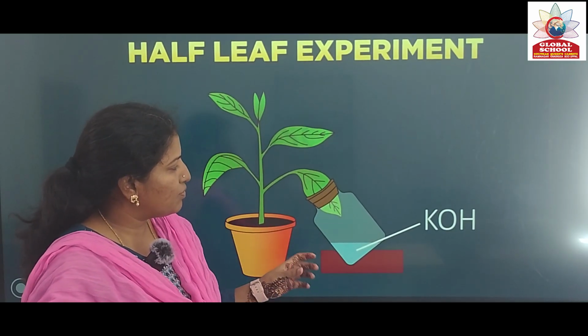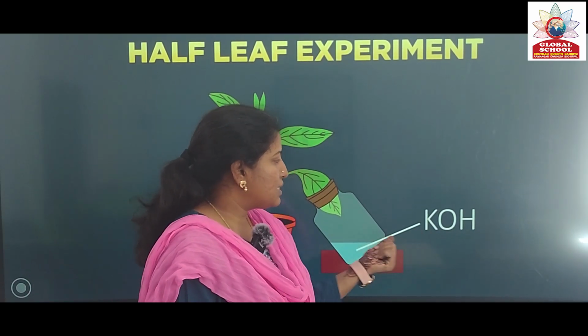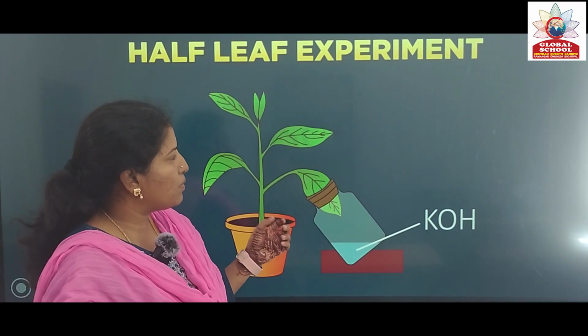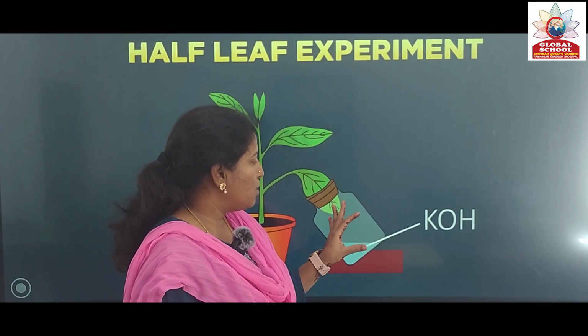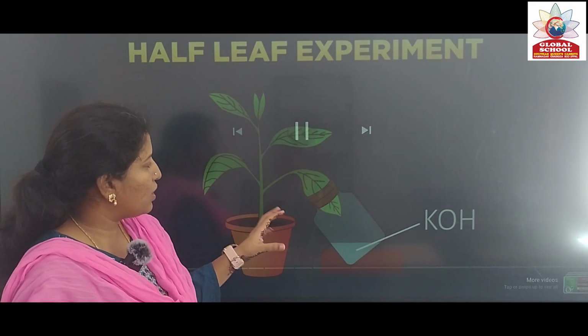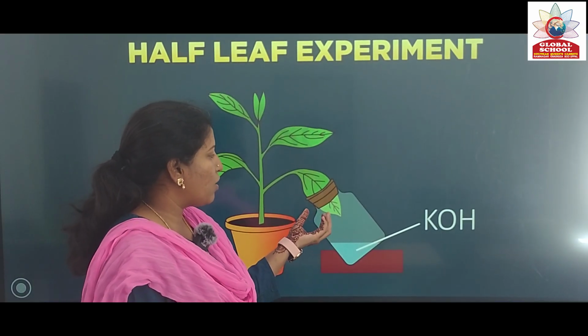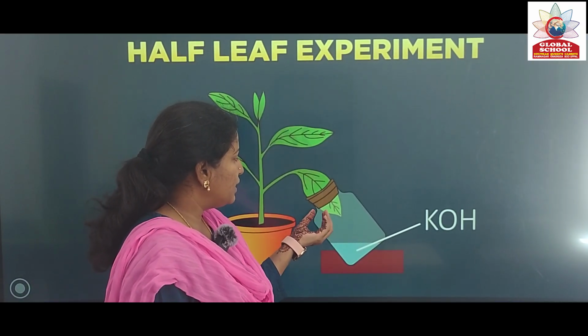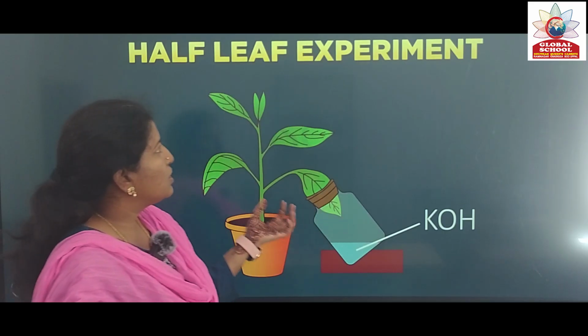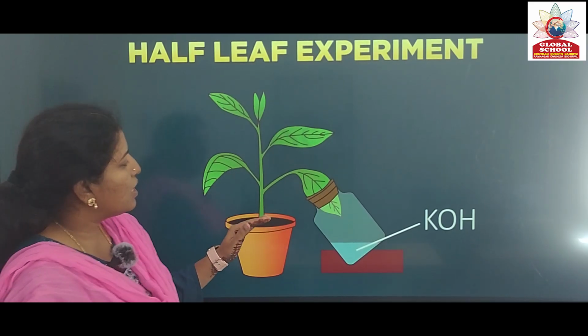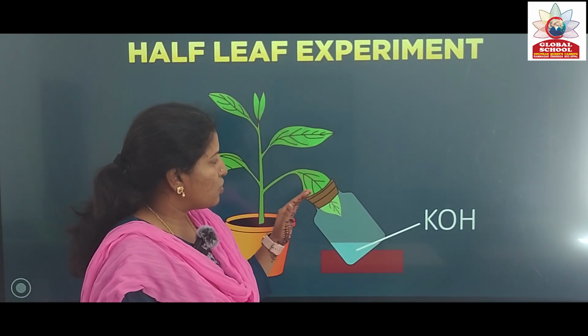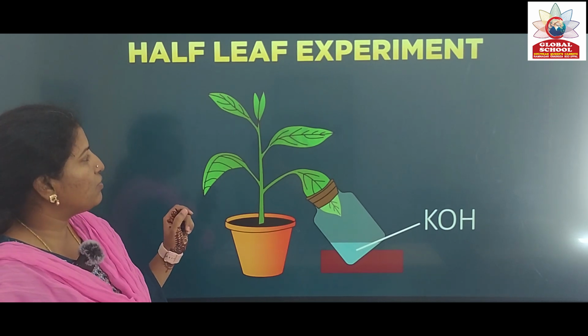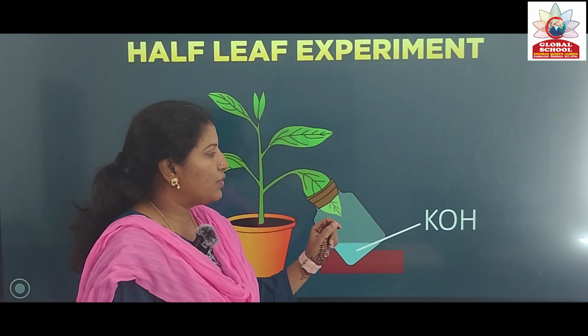So what is the use of these potassium hydroxide pellets? It will absorb all the carbon dioxide present inside the bottle and will not allow any carbon dioxide in to do photosynthesis. Then we go for the starch test. After some time, we pluck off the leaf and do the iodine test.